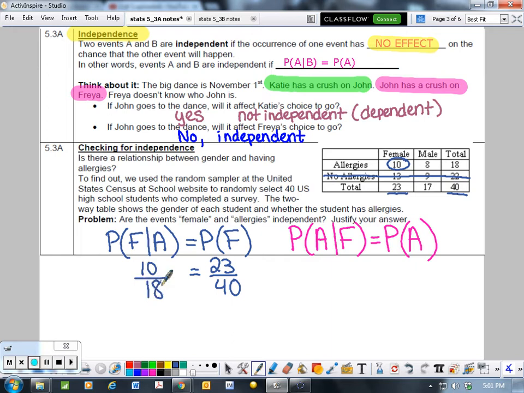So we're going to check these values and see if they're independent. This is 0.575, and since they are not equal, they are not independent.